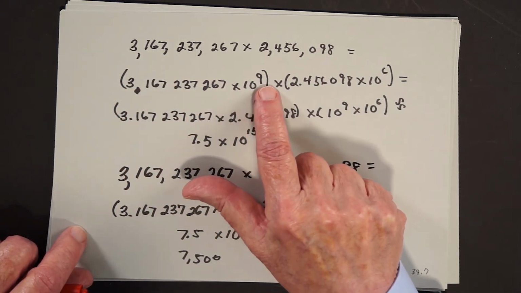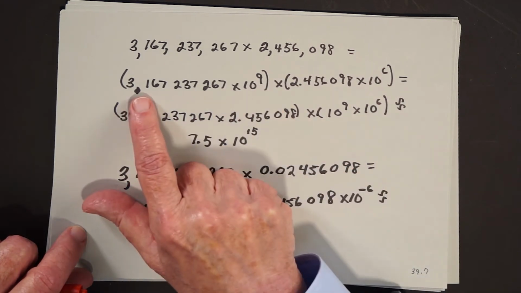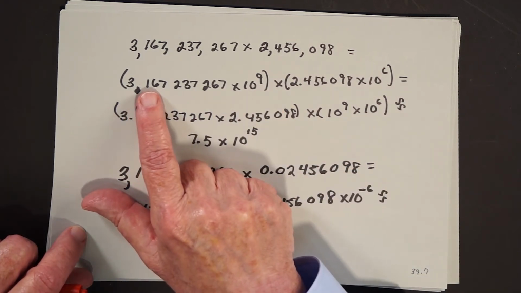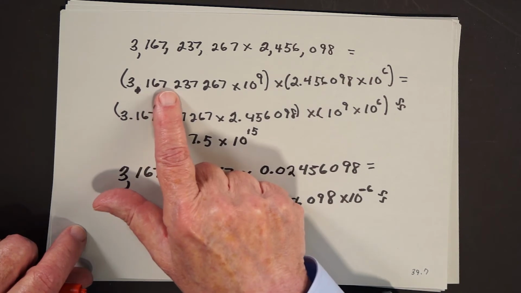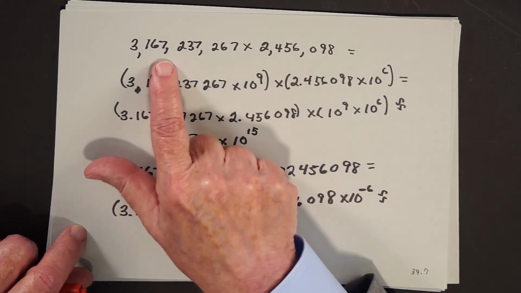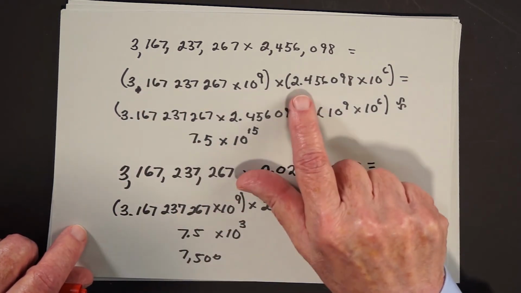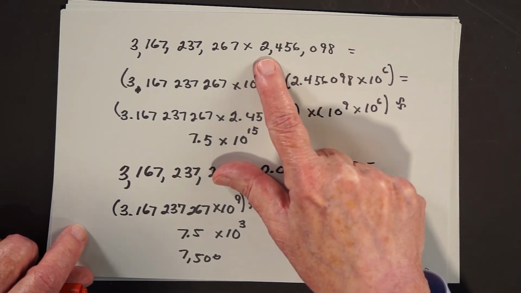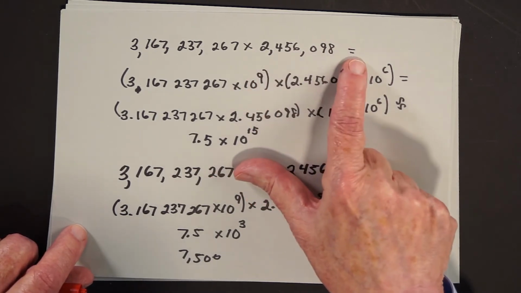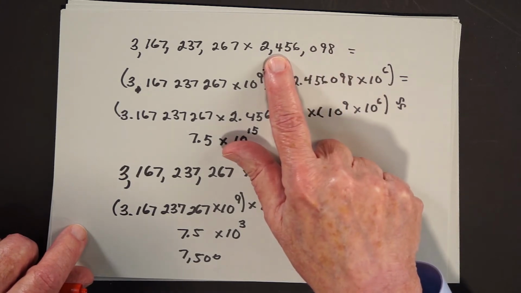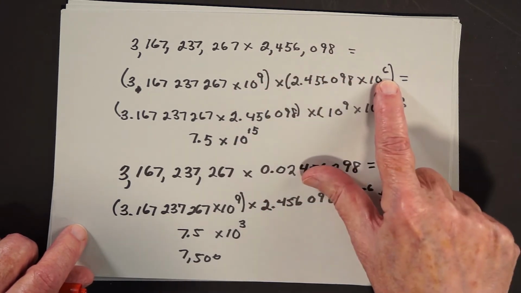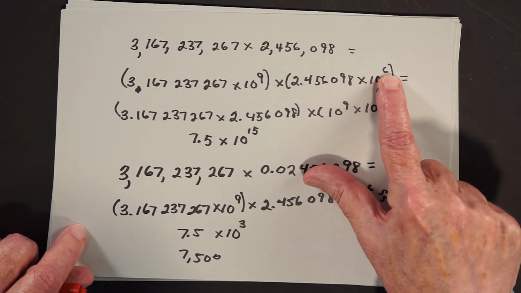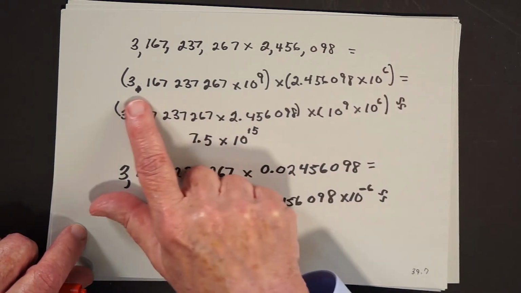See, every time you multiply by 10, you're moving the decimal point 1 place to the right. So in other words, if I move the decimal point 9 places to the right over here, I get this number. Over here, to get a number that's between 1 and 10, I have to move the decimal point 6 places. So to move it back, I have to also multiply by 10 to the 6th power. Now what happens?